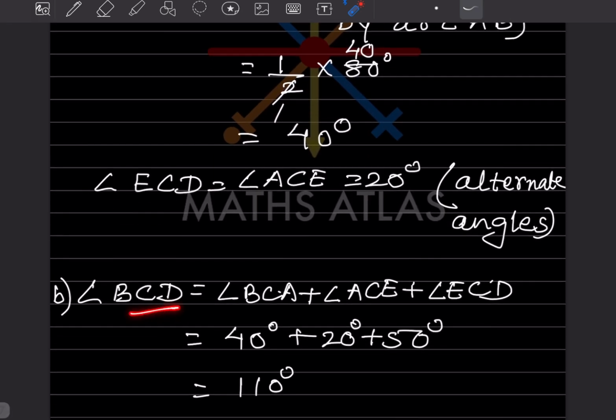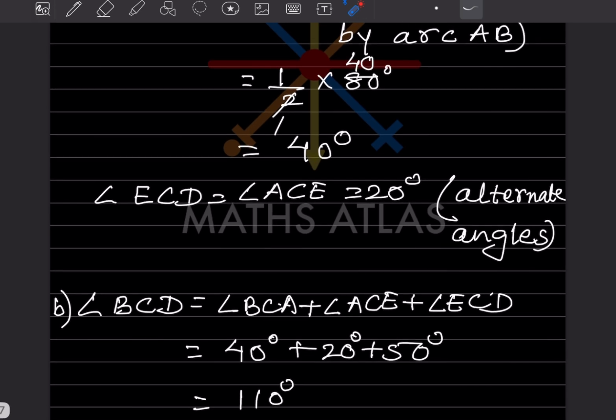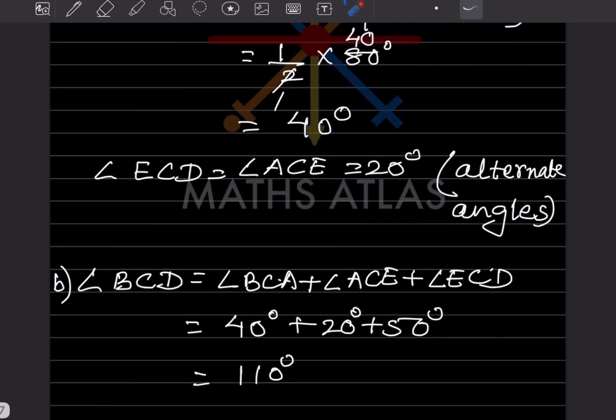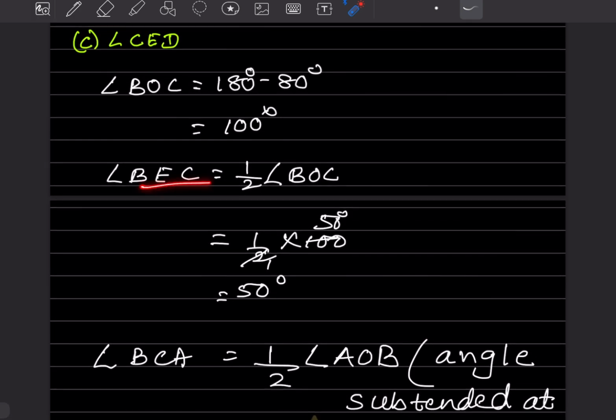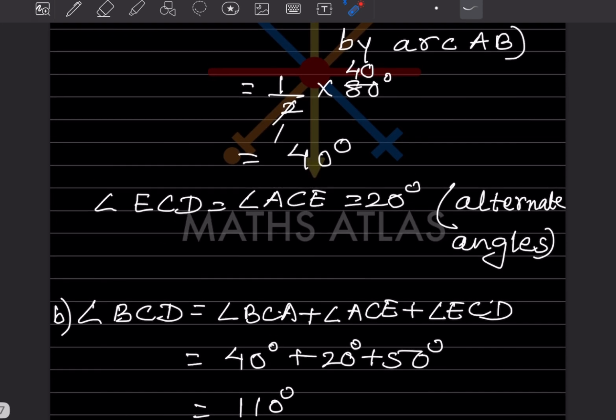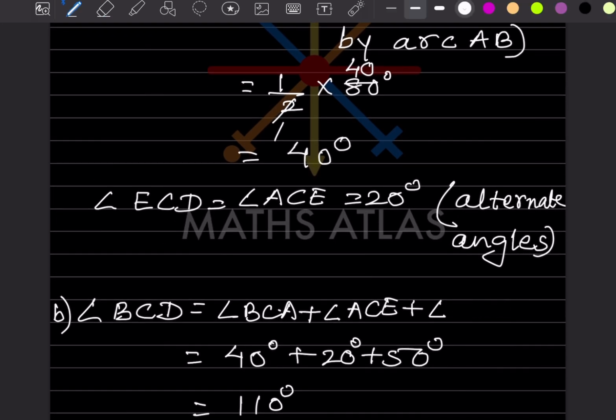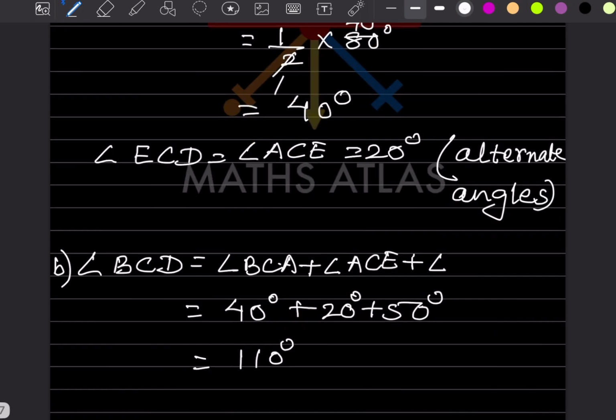So we can write BCD is equal to angle BCA plus angle ACE plus angle ECD. So BCA we got this as 40, ACE already that is 20 degree, and this ECD we have that is BEC, sorry, BEC, that is 50 degrees.